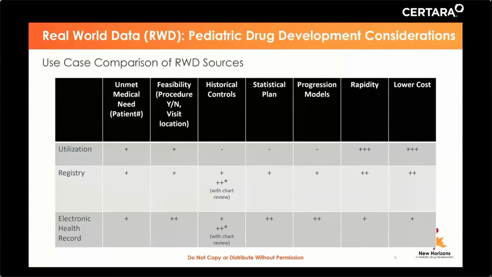And it sort of goes down from registries because they're more finite data sets, and then it gets more complicated with EHRs. And it's in parallel very much the same with cost, right? And so those are important considerations. A utilization data search may take less than a month to do versus a much more complicated data search with an EHR may take 6 months or more, depending on what it's being used for.